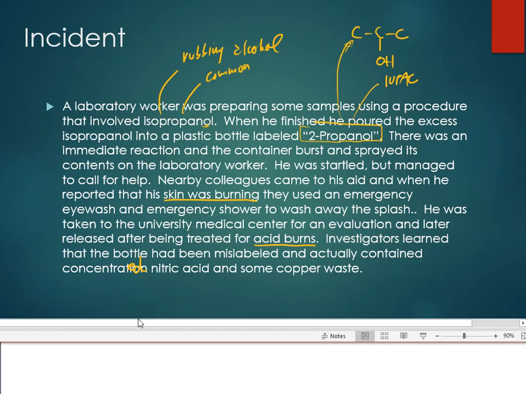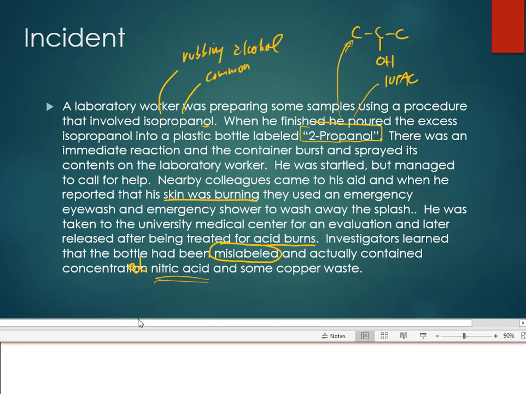So here we have a reaction that took place, and that reaction was with rubbing alcohol, concentrated nitric acid, and a little bit of copper that was violent enough to explode a chemical container bottle. That bottle exploded, and it not only sprayed the rubbing alcohol everywhere, but it also sprayed the nitric acid everywhere as well. And all of this was due to a mislabel that happened in a laboratory.